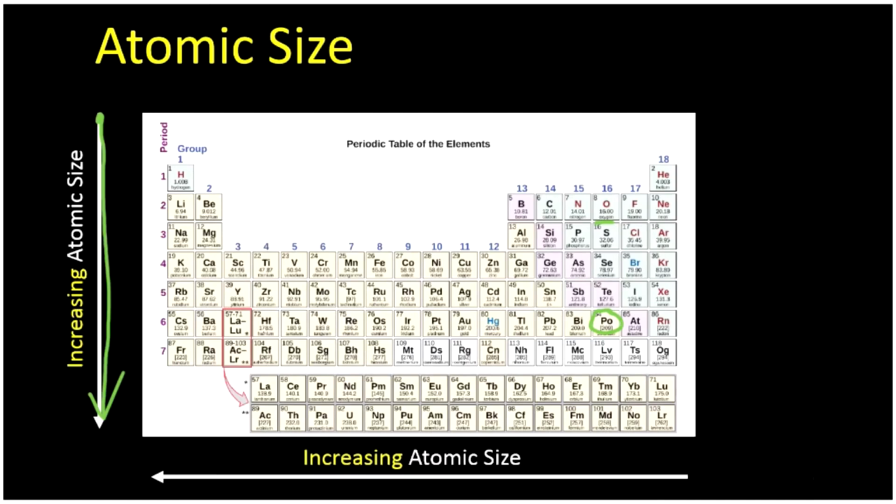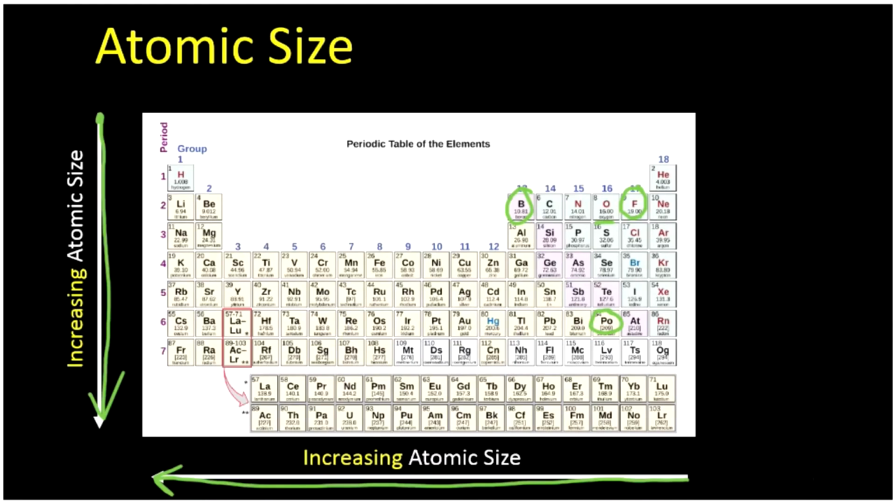Atomic size also turns out to increase as we go from right to left. So that means, for example, that fluorine is smaller than boron. That one's a little harder to explain. The reason this turns out to be is that we're adding more protons to the nuclei, and that makes the charge of our nucleus bigger and bigger.